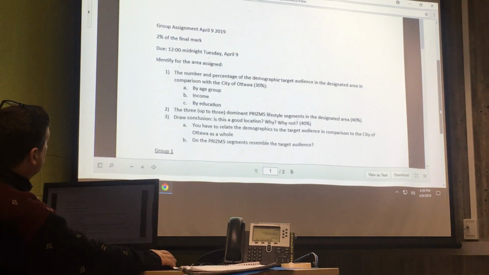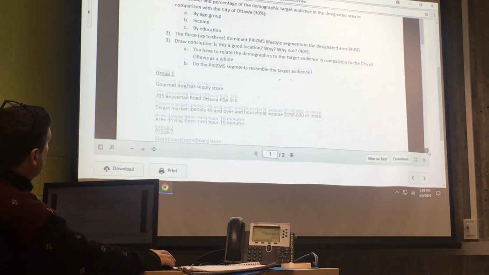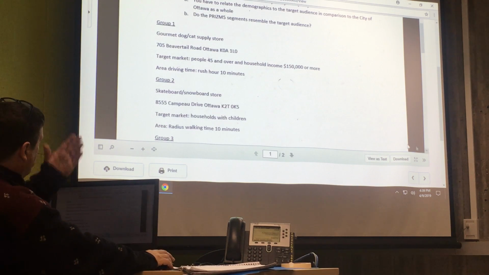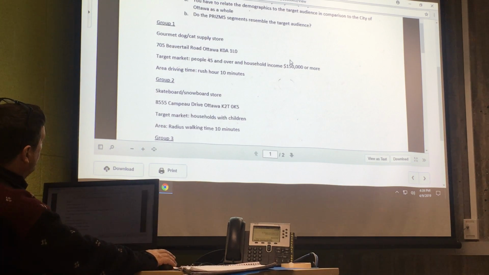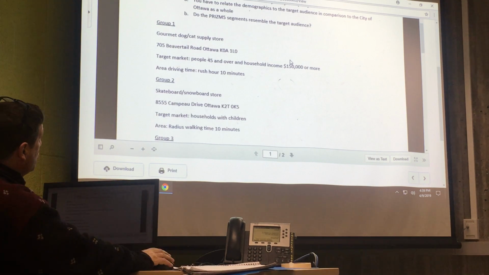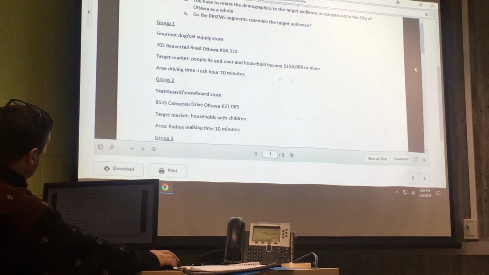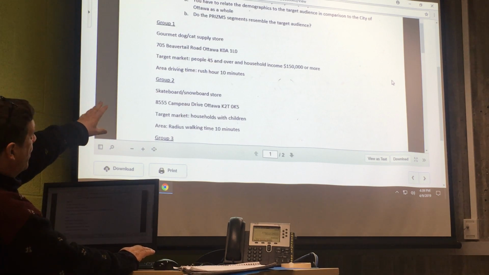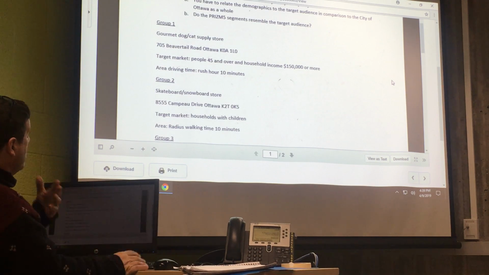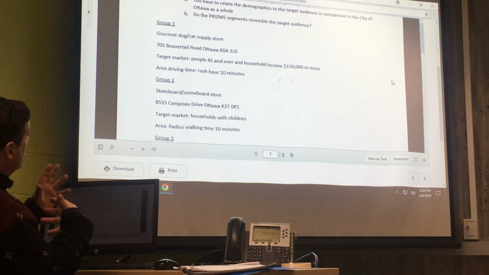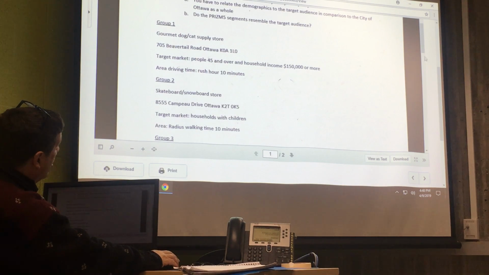Anyway, okay, so here are the different groups. 705 Beaver Tail Road, there's the postal code, so you don't have to look for it on the map. I've given you the address, the city, and the postal code. And when you're looking at people 45 and over, all I want you to do is tell me if in this area there are more, in comparison with the rest of the city of Ottawa.